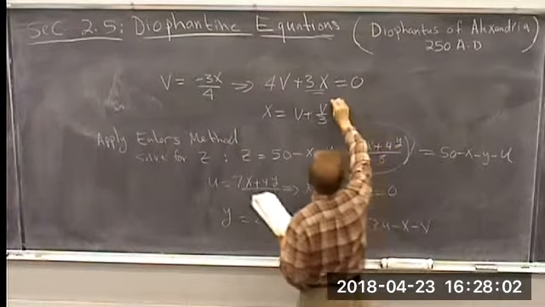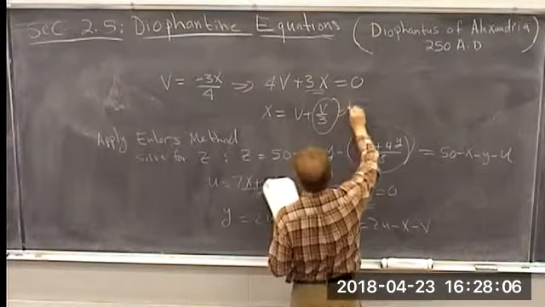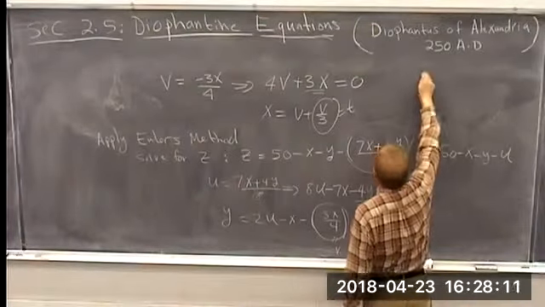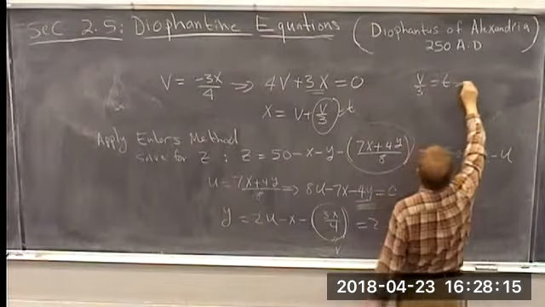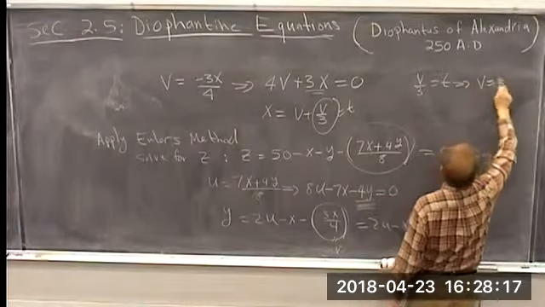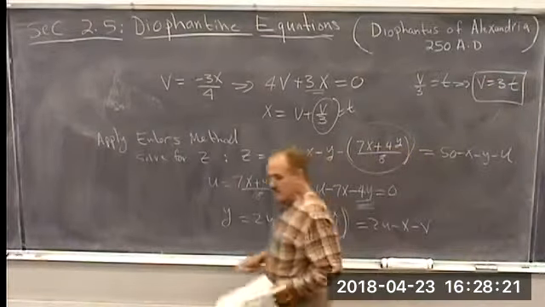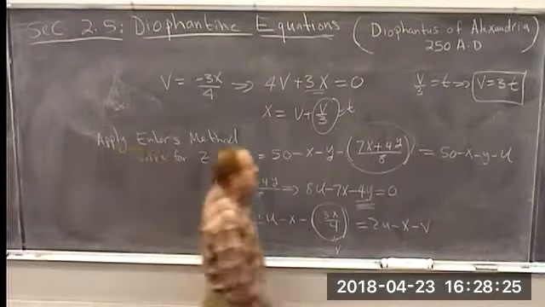I want to call this t. All right? So the last thing is we're going to have v over 3 is equal to t. And this gives me v equal to 3t, thank God. All right, so we have an integral value, where t is in Z.